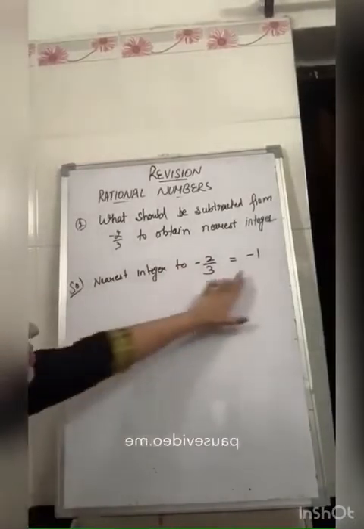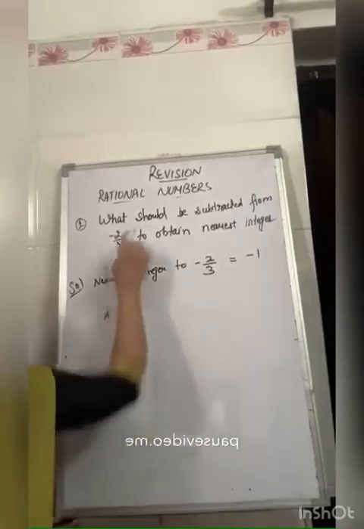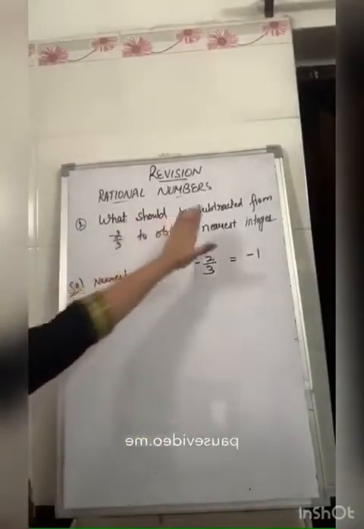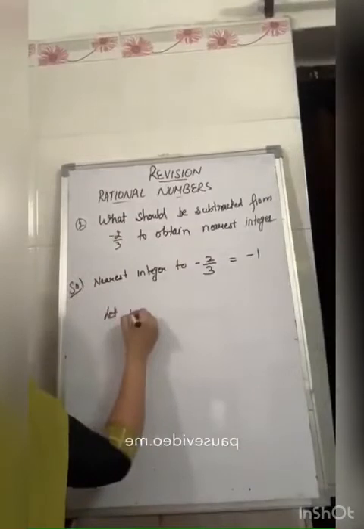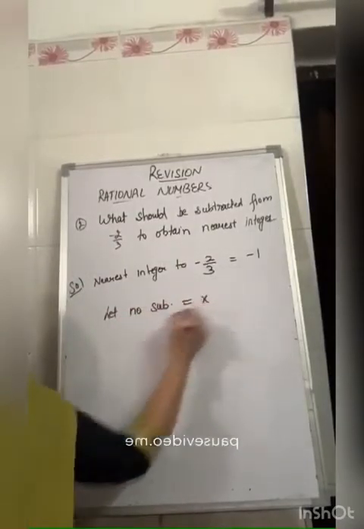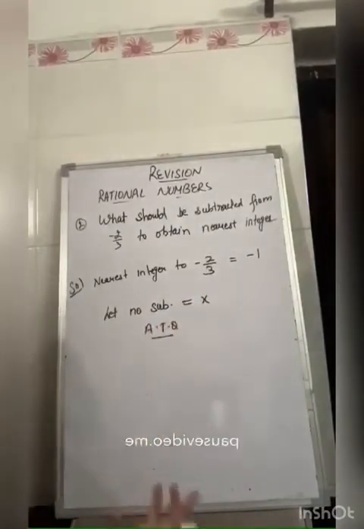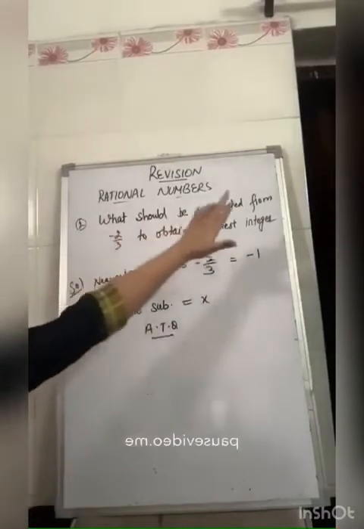Which is the nearest integer? Minus 1. Now what is the question? What should be subtracted? So we will write, let the number subtracted be x. Whatever is to be subtracted, we will suppose it as x. Now what should be subtracted from?